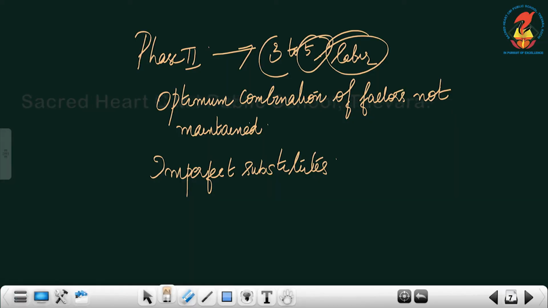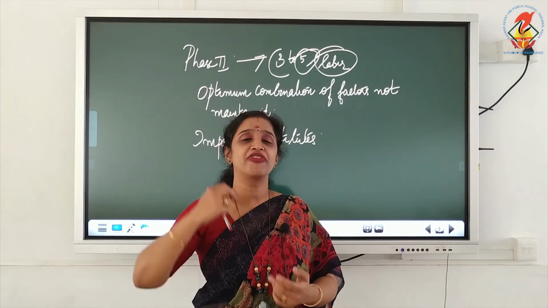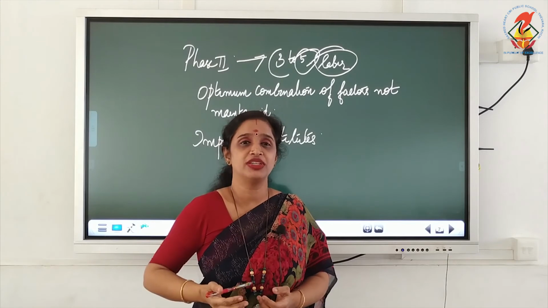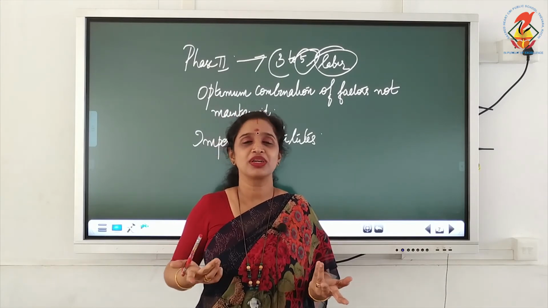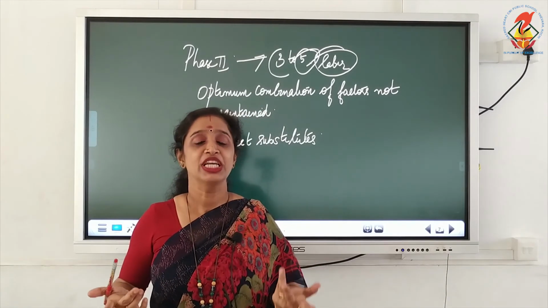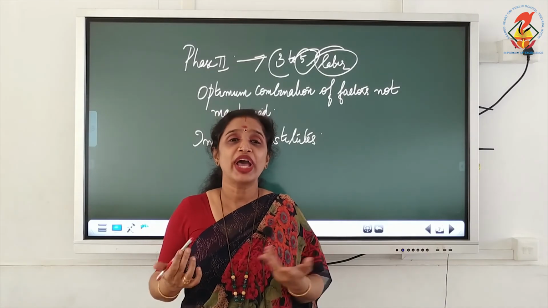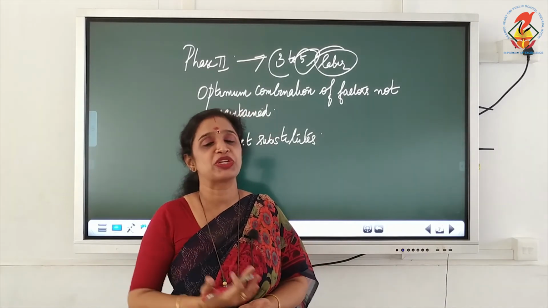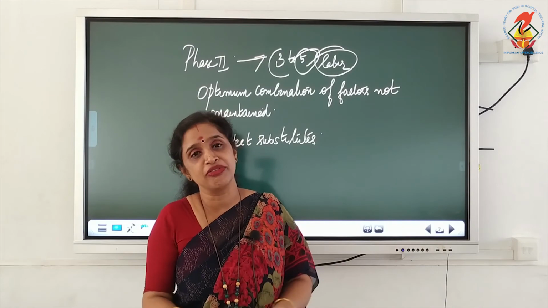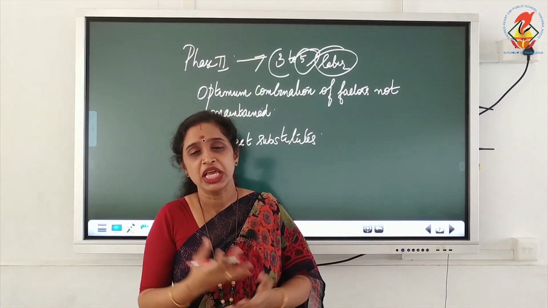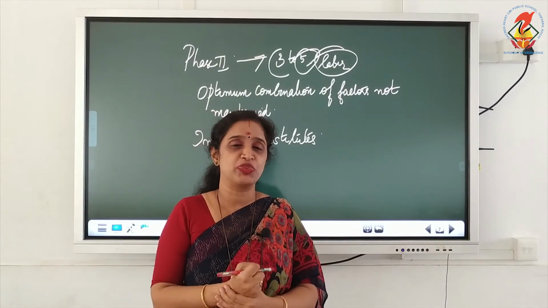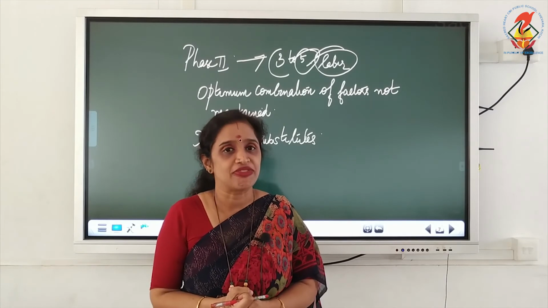Five laborers are there. If there are 5 laborers in front of a machine, the work of each worker will not be defined. They don't know what to do, who has to do which work in front of a particular machine. Totally confused. What has to be done? A proper combination is not there between the variable and fixed factor.